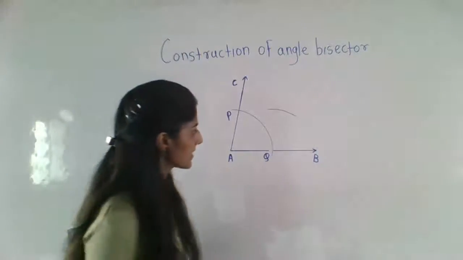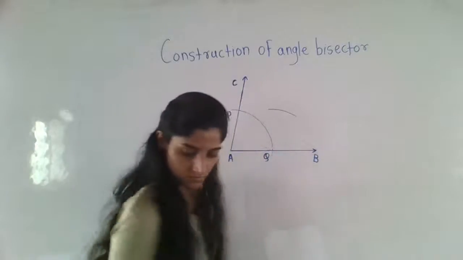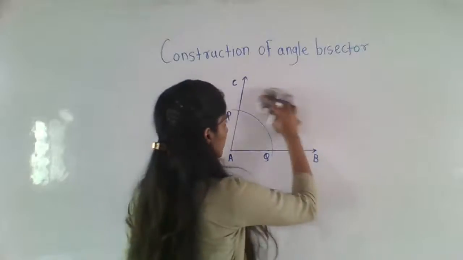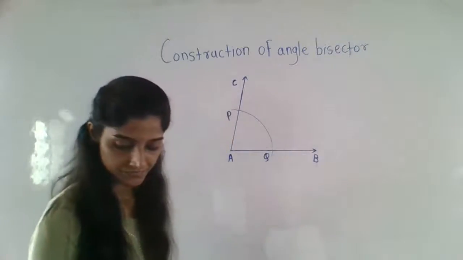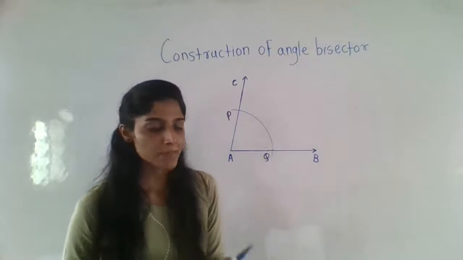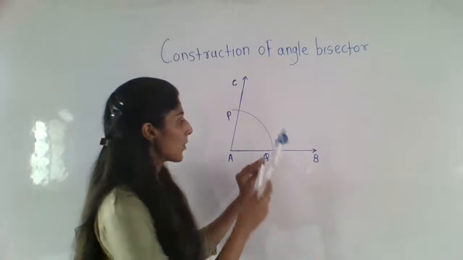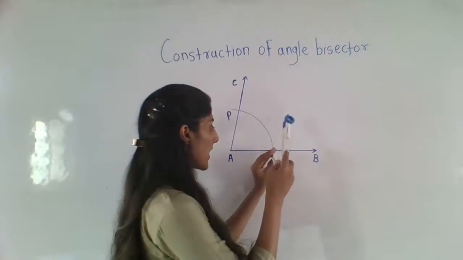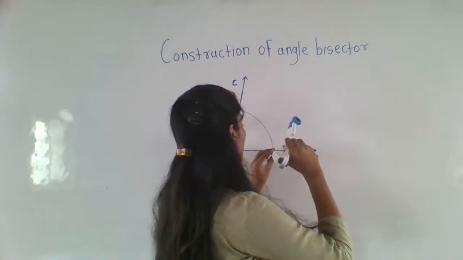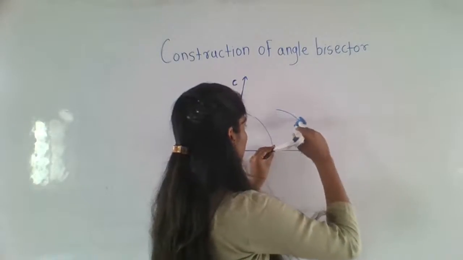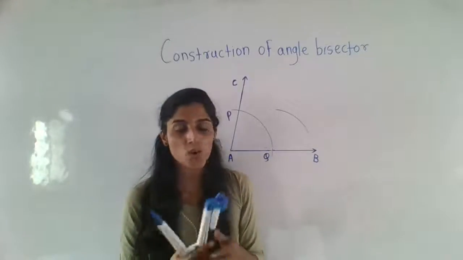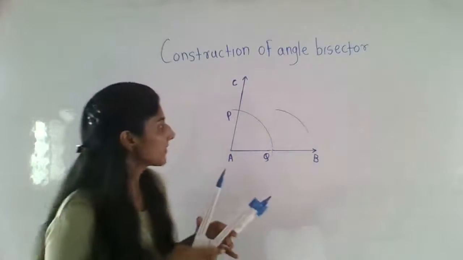Our next step for drawing an angle bisector is to keep the point on Q and draw an arc inside the angle. Now with the same distance, don't disturb the distance of the compass.